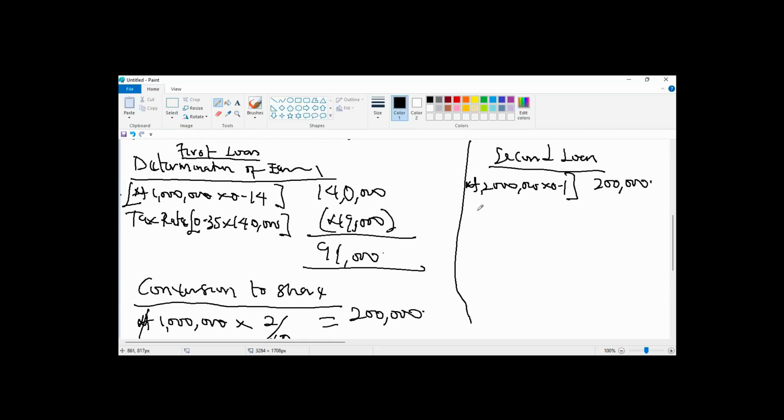Then the tax rate: 0.35 times 200,000 is 70,000. 70,000 will go to the government. So what will come to our pockets?